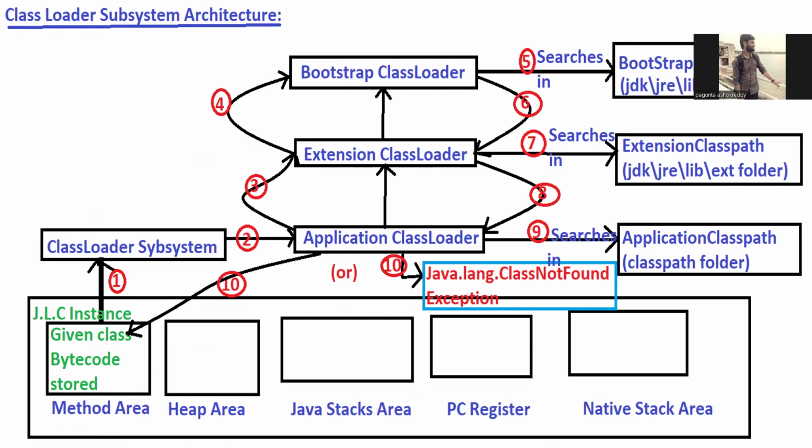Then this is the class loader subsystem architecture. The class loader subsystem checks whether the given bytecode is available in the method area or not. If it is already loaded, then you can use that bytecode.